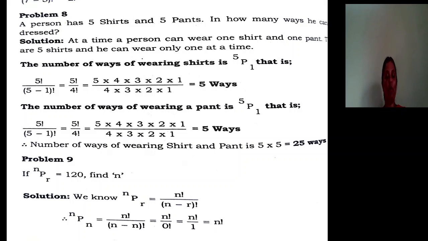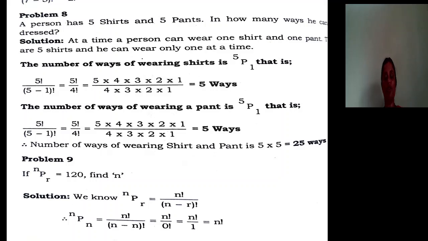Now look at problem number 9. If nPr is 120, find n. We know that nPr means what? n factorial divided by (n minus r) factorial. So if r is also n, it is n factorial divided by (n minus n) factorial.